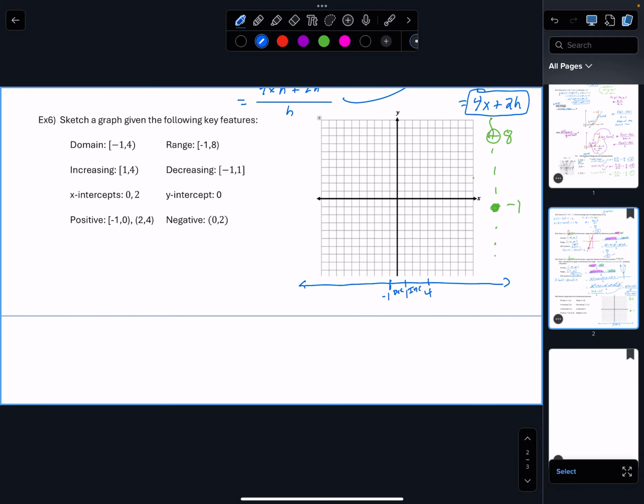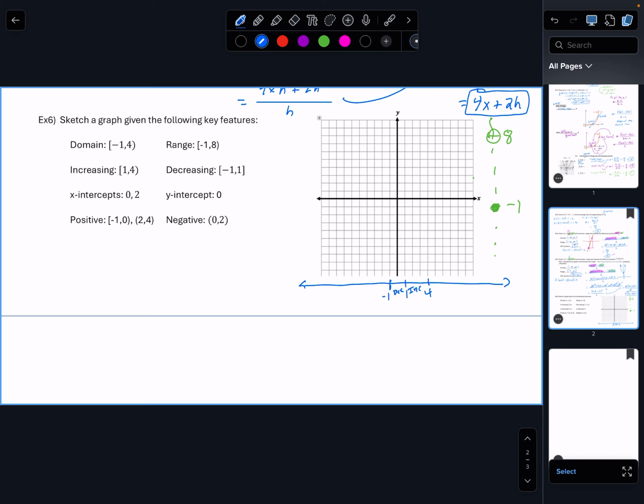From -1 to 1, it's decreasing. So that notation tells me as I'm going from left to right, and that's the entire domain, -1 to 4. So I'm going to start and then go down until I hit the value of 1, and then I've got to turn and go back up to 4. Keep on going up until I reach the next value of 4.